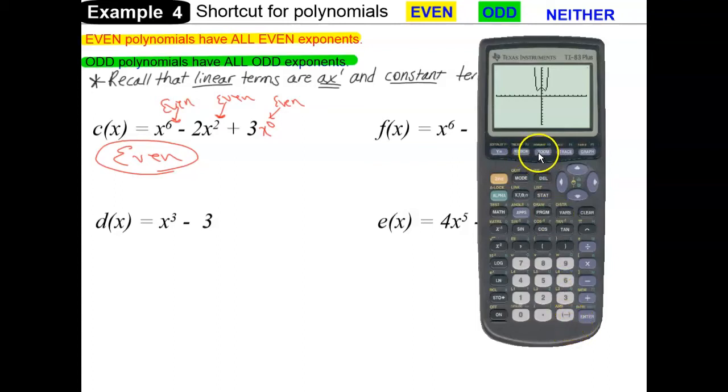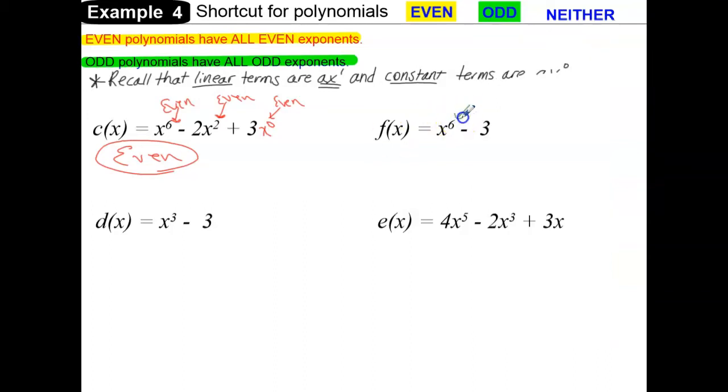If we look at the shape of that W graph, you can see that y-axis symmetry that tells us that that is an even function. So this x to the 6th, the 6 is an even exponent. Then on our constant term, 3x to the 0 there on the x, that's an even exponent. And that makes this function, f of x, an even function as well.